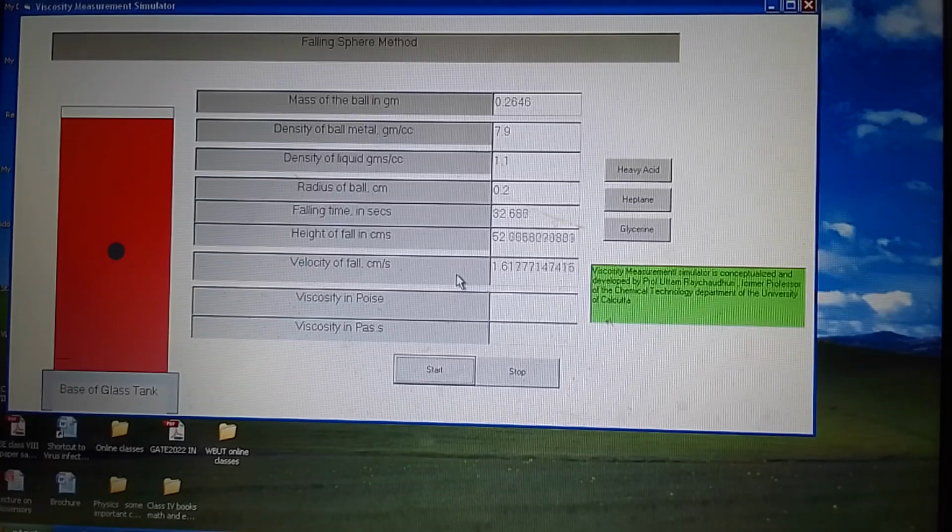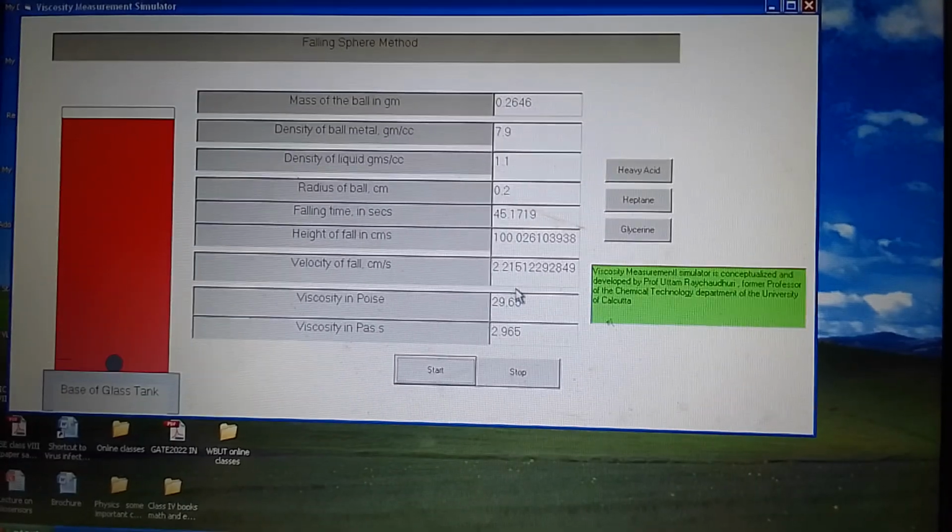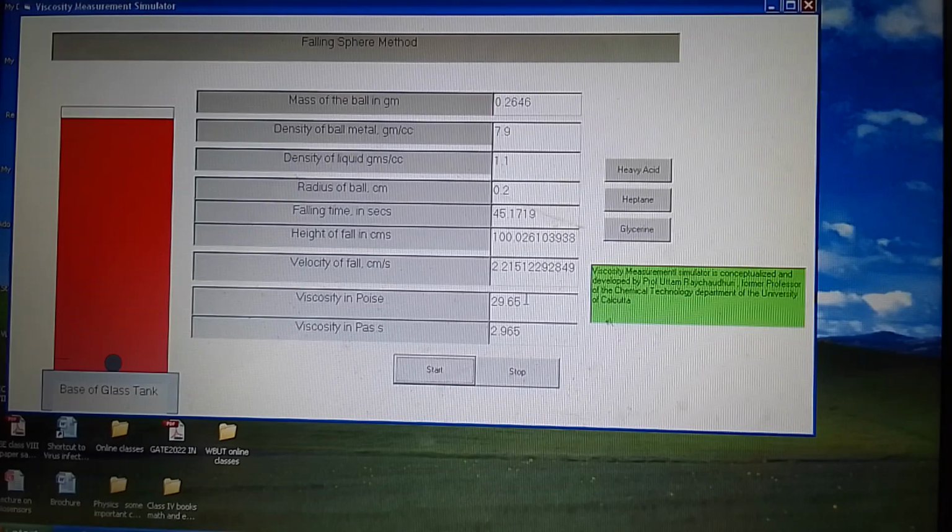This is for heavy acid. As it touches the bottom, the time and velocity are known, it calculates the viscosity, and this value is recorded.